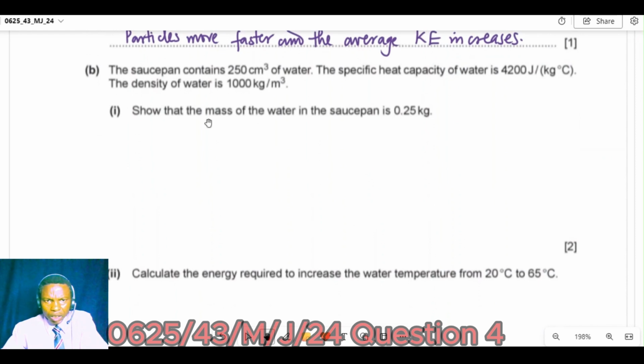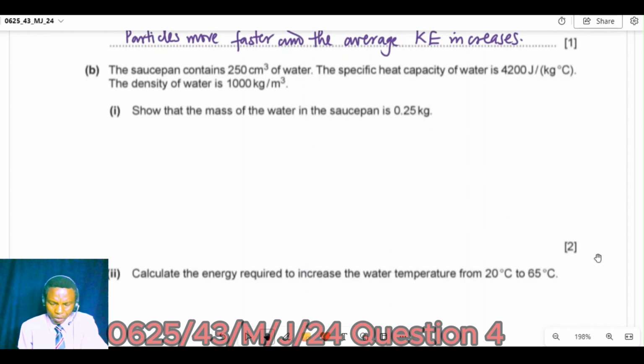Now the saucepan contains 250 cm cube of water. The specific heat capacity of water is 4200. The density of water is 1000. Show that the mass of water in the saucepan is 0.25 kg.